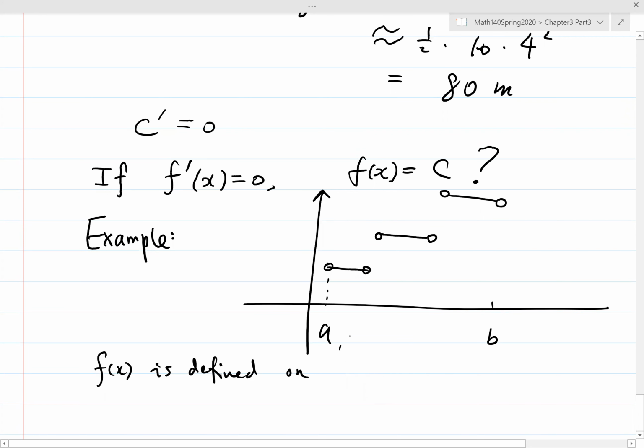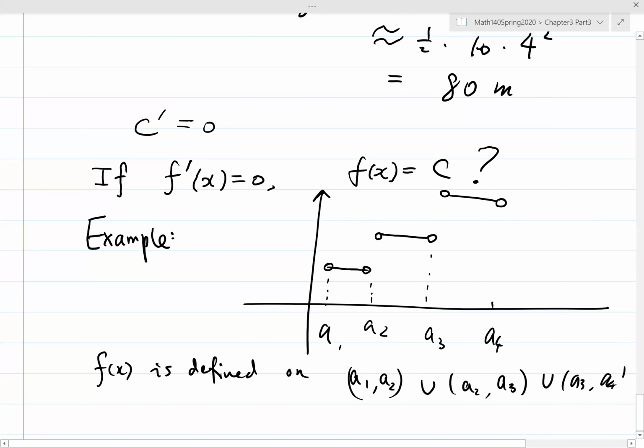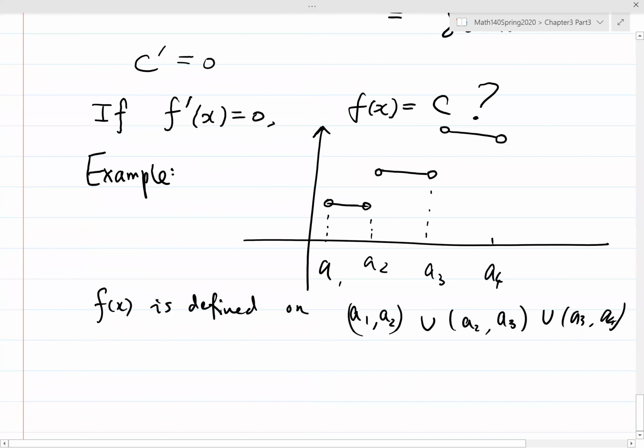Let's use E1, E2, E3, E4. So it's a union of intervals: E1 to E2, union E2 to E3, union E3 to E4. Then you see each interval is constant. If you differentiate, the derivative should be 0, because the derivative is only determined by the local property.